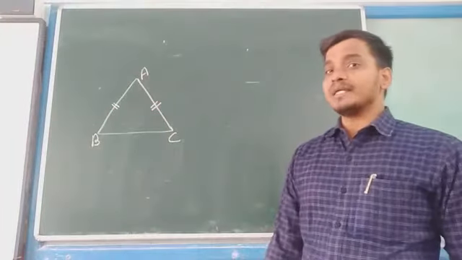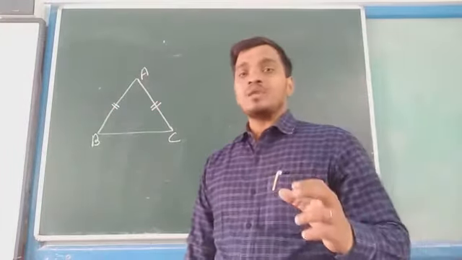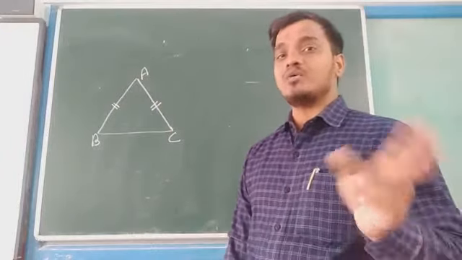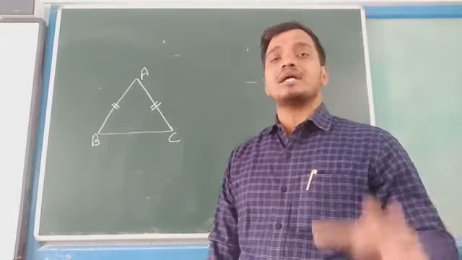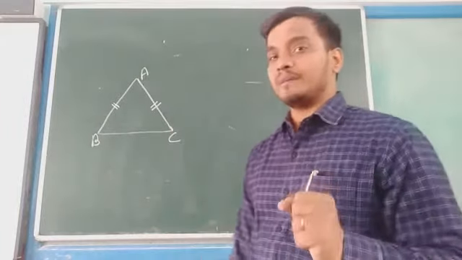The property says that in a triangle, when two sides are equal, the angle which is opposite to the equal side is also equal.